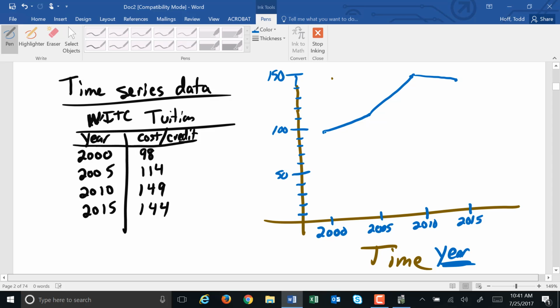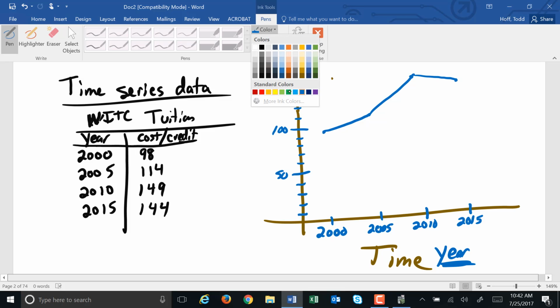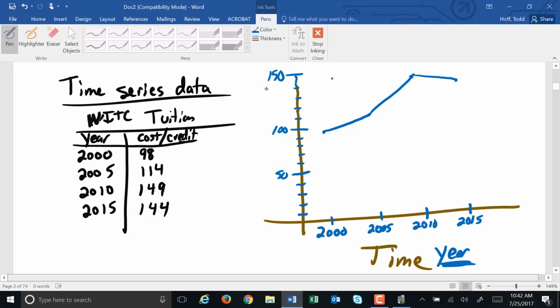Now, a lot of people are tempted to do this, connect that line down through there. Don't do it. That line is meaningless. It's actually distracting and deceiving because there was no point down here where tuition was $0. But what you can get off of this is, one, you can tell very quickly where it was increasing because the line has a positive slope.